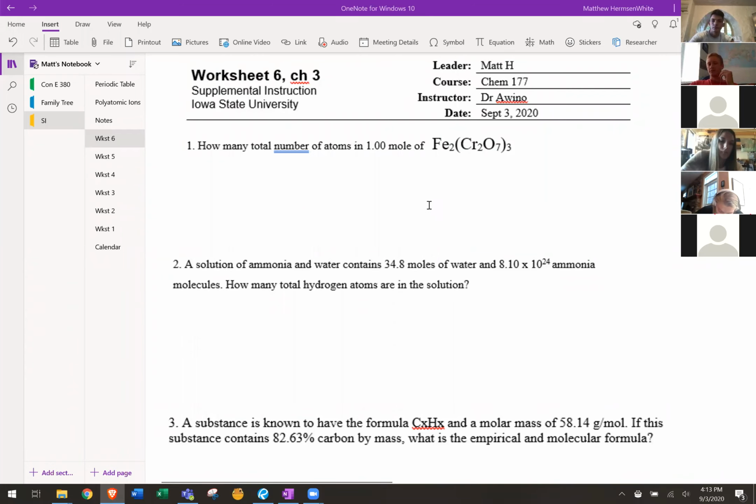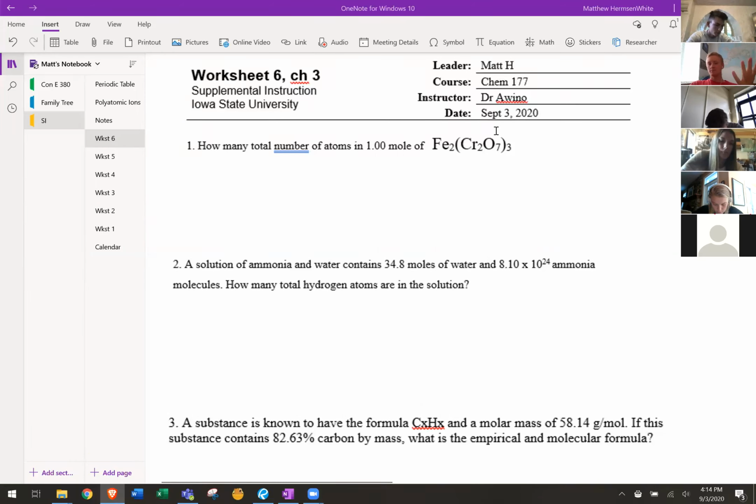What would that give you? I thought that would give you atoms from moles. That will give you molecules of iron dichromate. So you have 6.02 times 10 to the 23rd molecules.